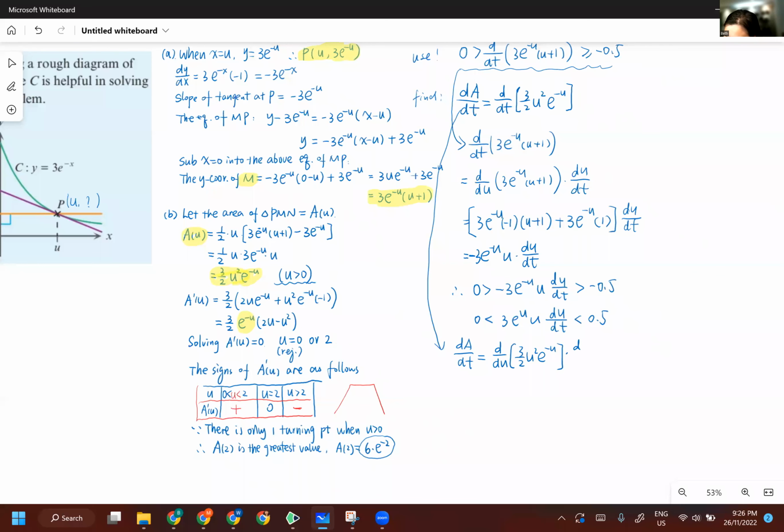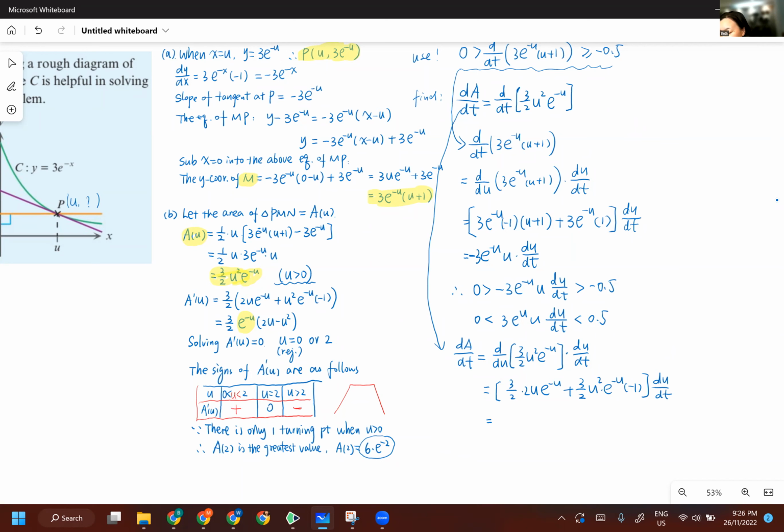And then du/dt. And then it's 3 over 2, 2u e^(-u) plus 3 over 2 u squared e^(-u) negative 1 du/dt. Okay, simplify.